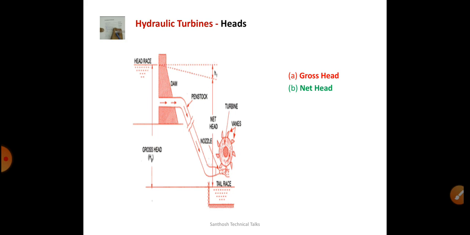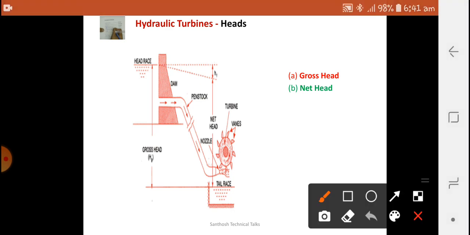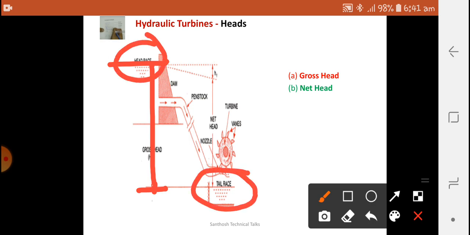For further study, we have to know the heads produced by the turbine. Majorly two heads are available. One is the gross head, that is the total height difference between the head race and the tail race.